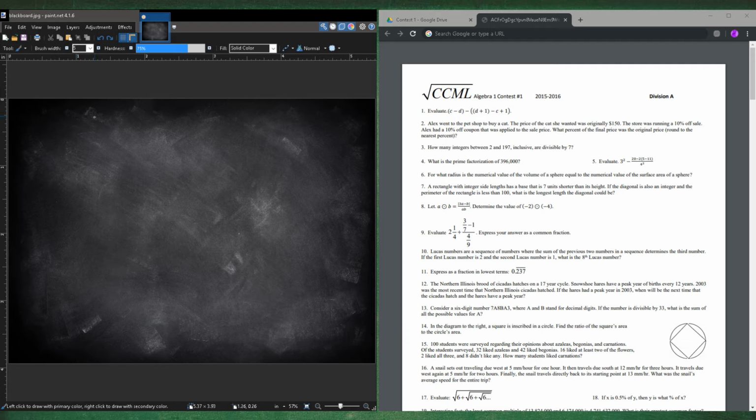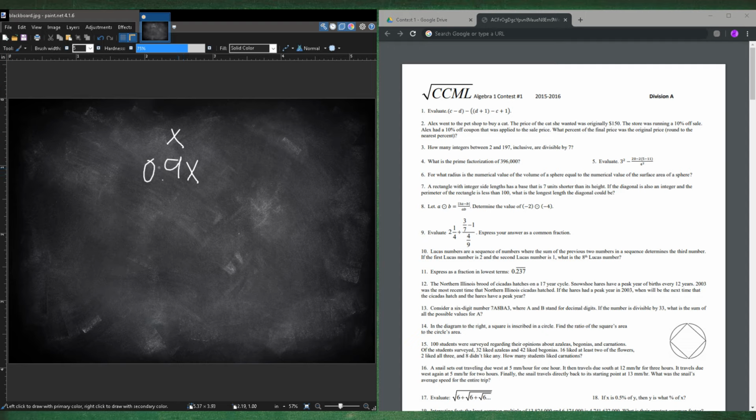So what we're going to do is, it had a 10% off sale, so 1 minus 10% is 0.9. If the original price is x, then the sales price is 0.9x, right?